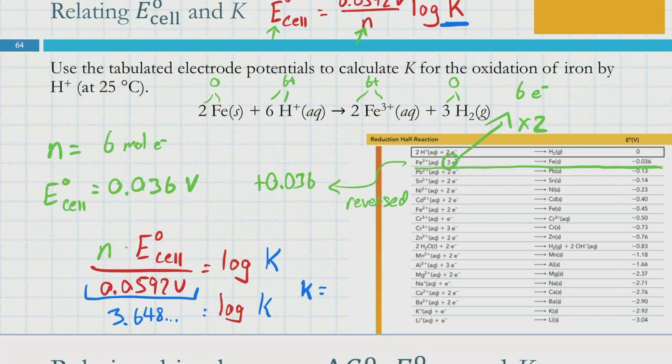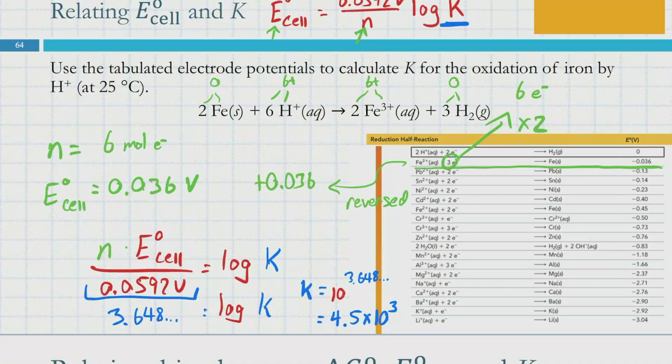So K equals 10 raised to the power of 3.648 dot dot dot, which is 4.5 times 10 to the 3, or 4,452.958514 is maybe what you'd get in your calculator. Questions about any of those parts?